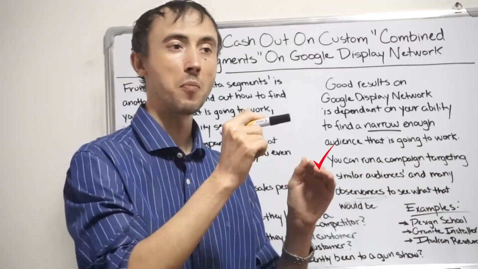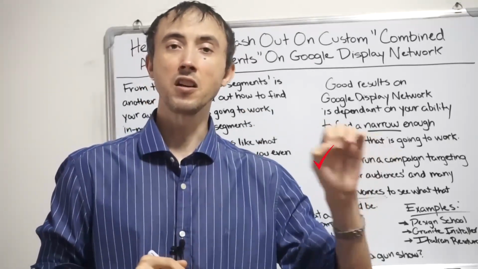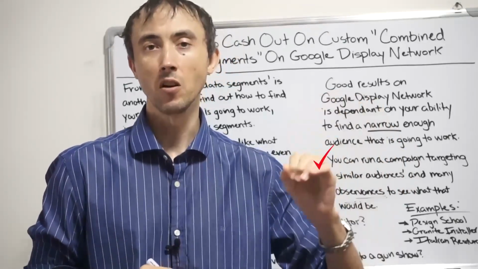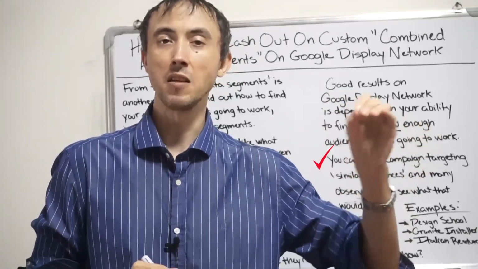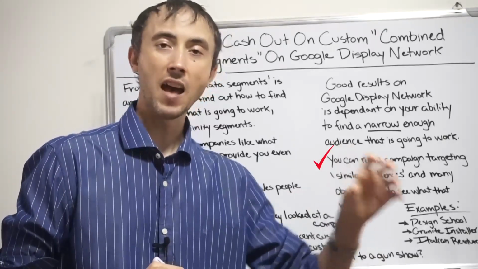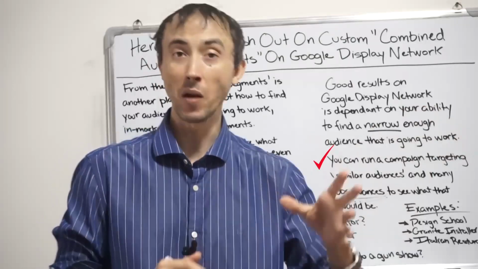So what I can do is set up an observance for the targeting option of people that are looking at and interested in baseball bats, and see if my ad selling jerseys will work for people that are considering buying baseball bats.